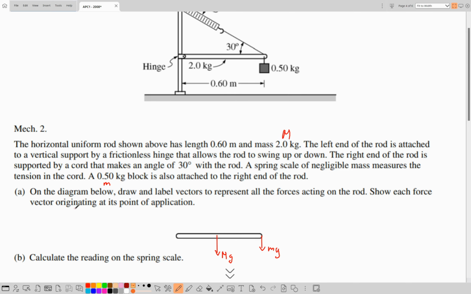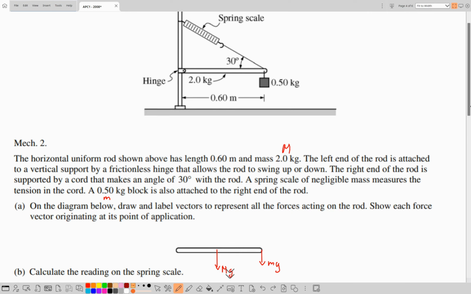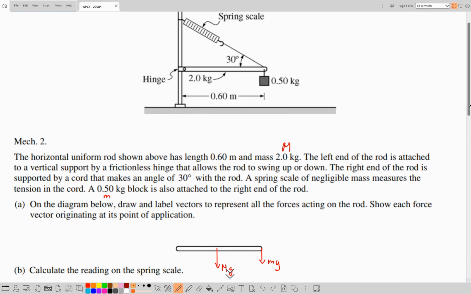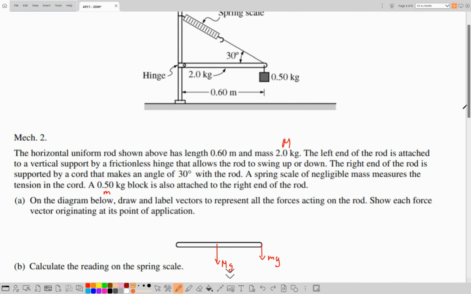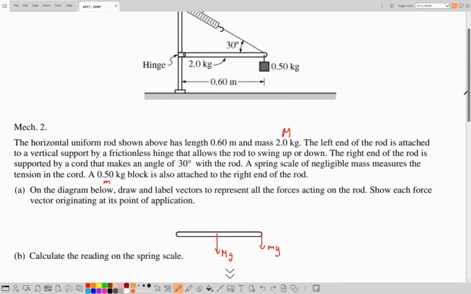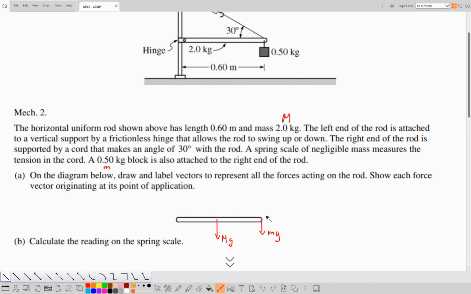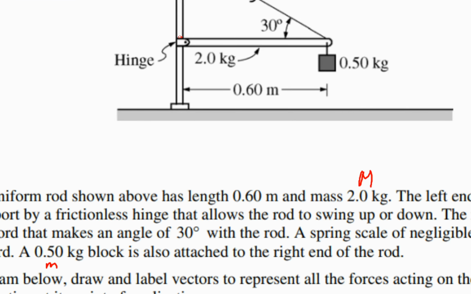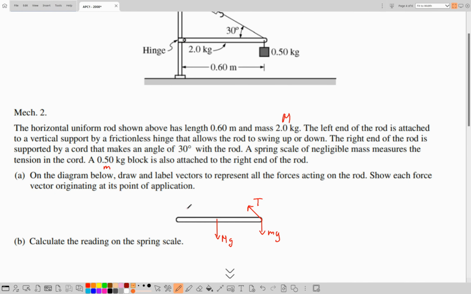although in the question itself they didn't state to take the relative length of the vectors into consideration. Now we have the tension along the string, which is like that. And finally, although the hinge here is frictionless, we know that we have a reaction.